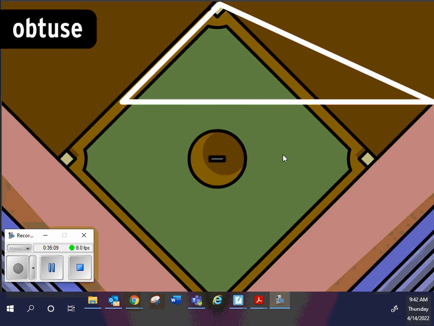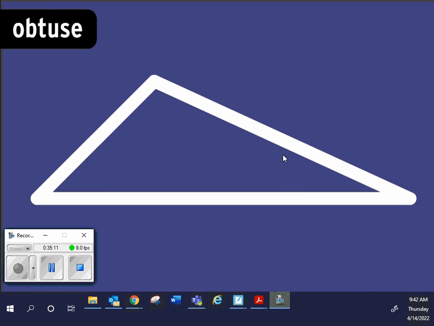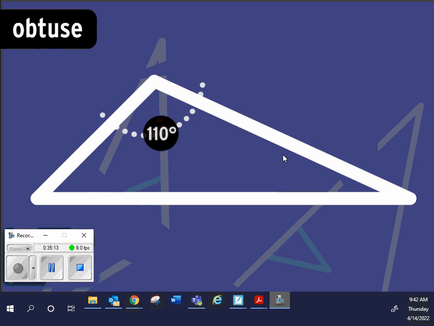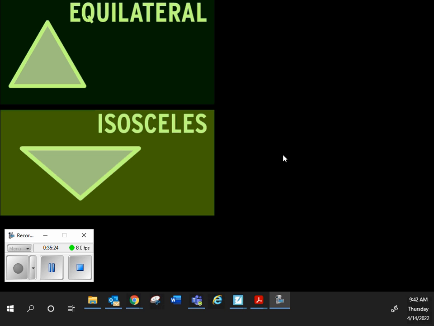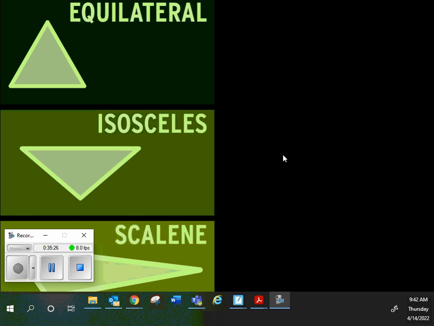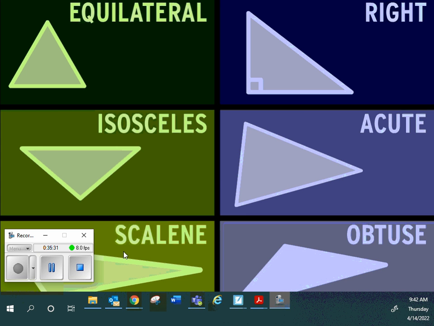Obtuse triangles have 1 obtuse angle. An obtuse angle is any angle that measures more than 90 degrees. So we've got 6 types of triangles. Those that are classified by comparing their sides: equilateral, isosceles, and scalene triangles. And those that are classified by comparing their angles: right, acute, and obtuse triangles.